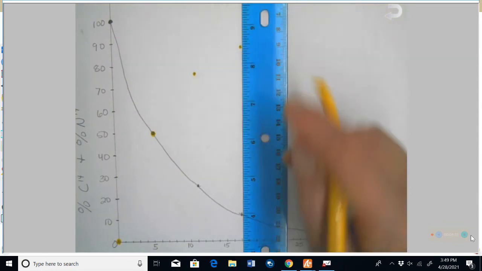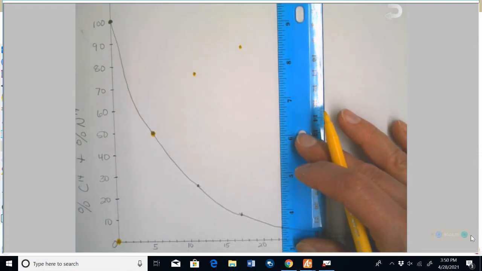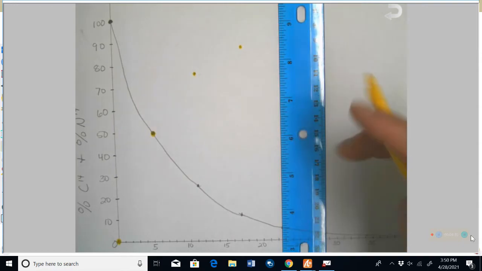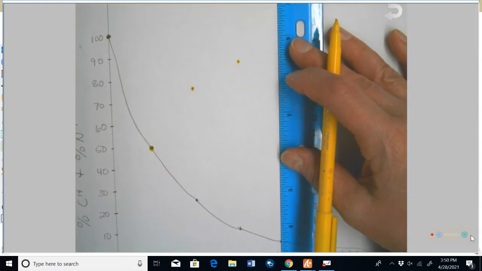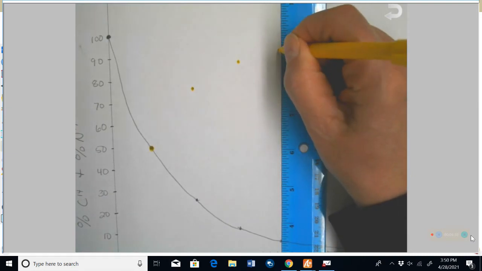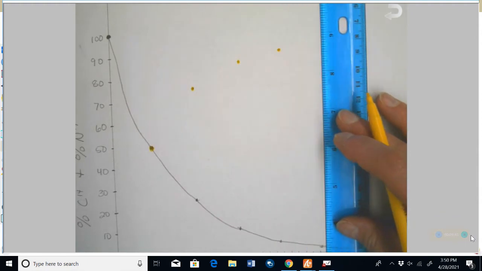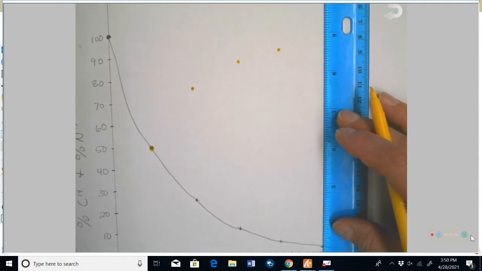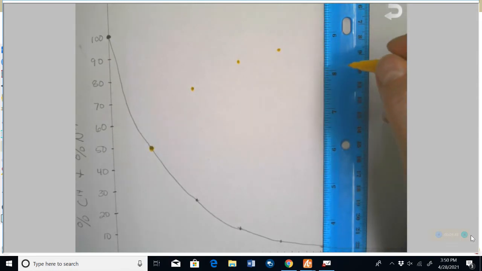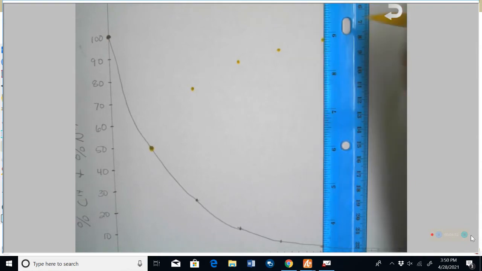And then four half-lives, 22,800 years, I'm at 93% nitrogen-14. And then after five half-lives, 28,500 years, I'm at 96% nitrogen-14.